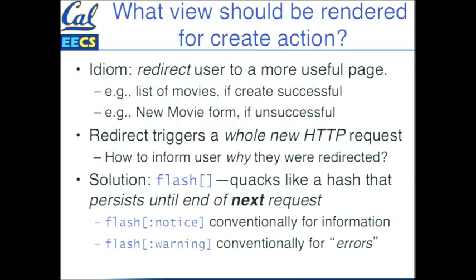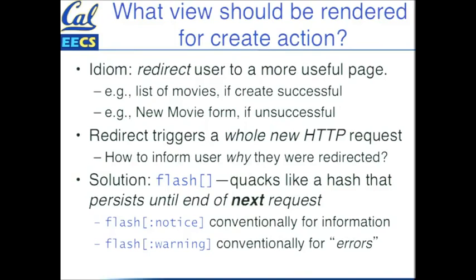And by convention, you want to use notice for something that's information and warning for something that's errors. What this really does is then in your view, you can pull out the flash notice or warning, and you can show it, maybe in green if it's a notice or red if it's an error.